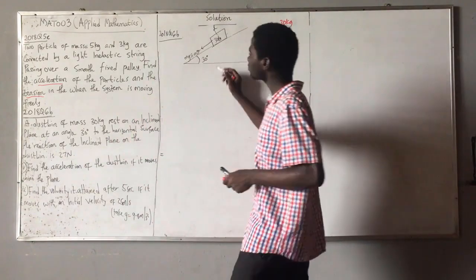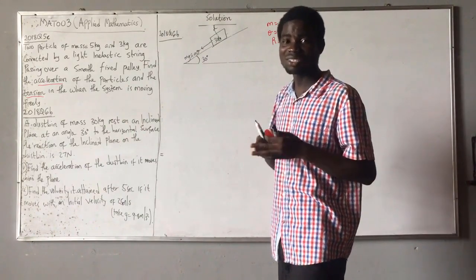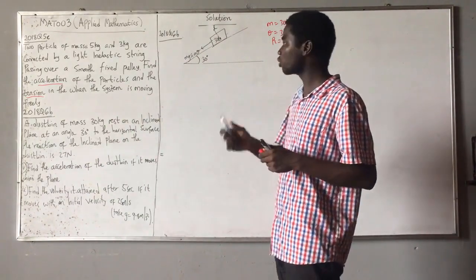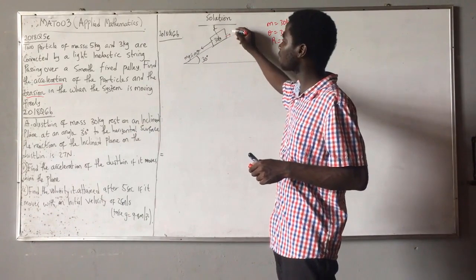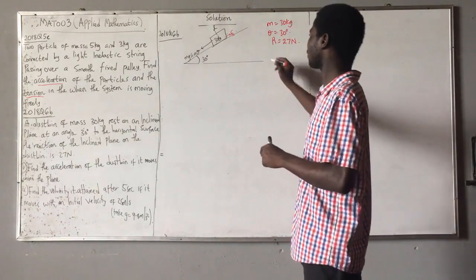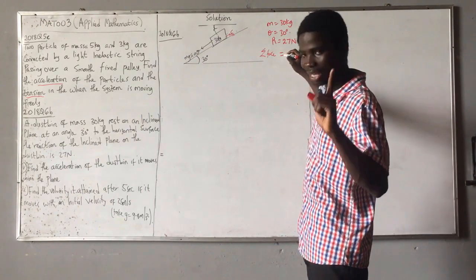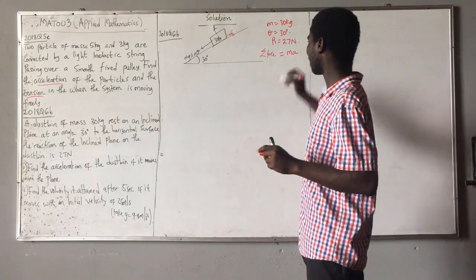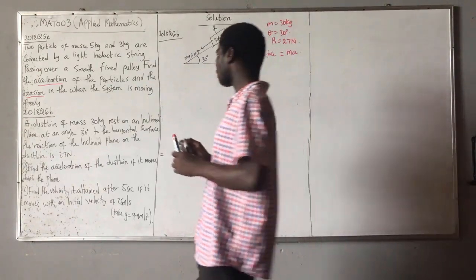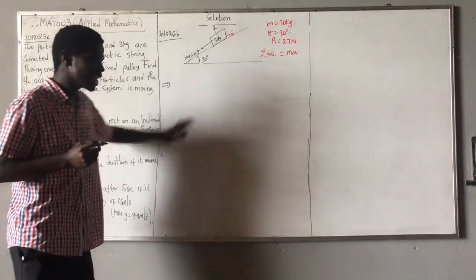If it's moving down the plane, friction opposes relative motion. So the frictional force will be acting in this direction. You have to note that. And don't forget, summation of forces must be equal to what? ma. Right? So what will now be the summation of forces here?